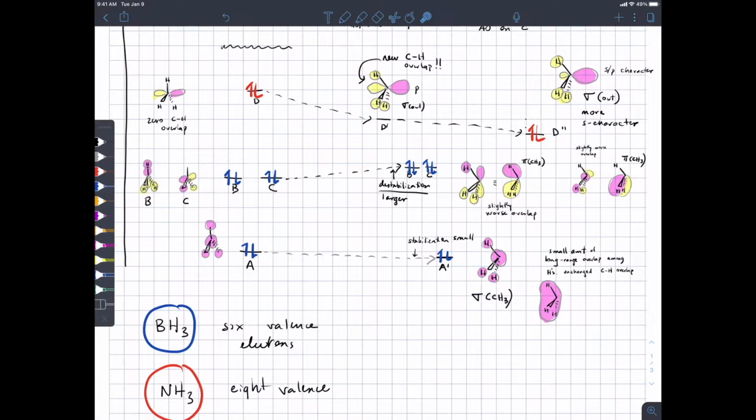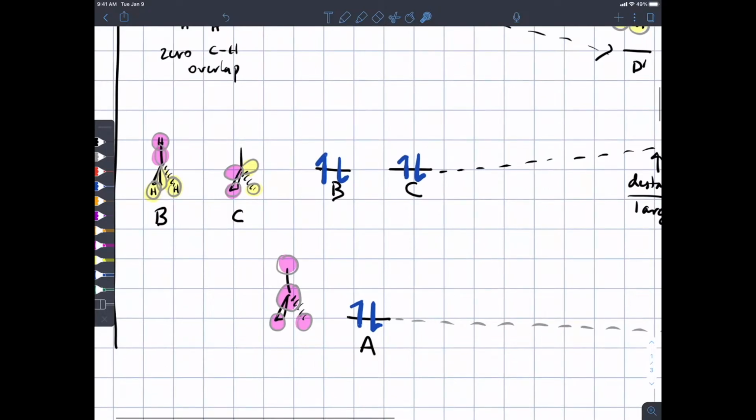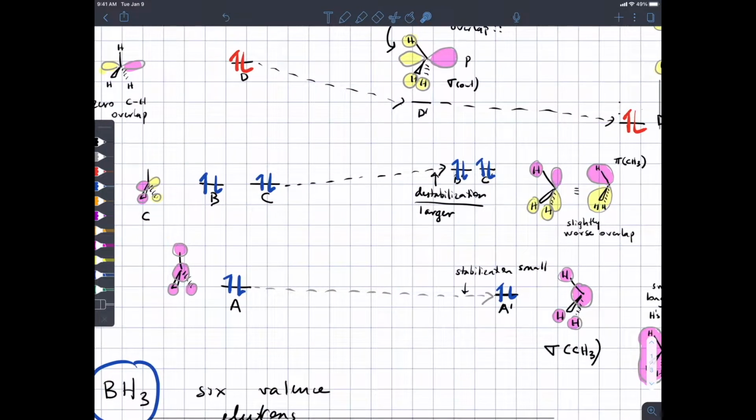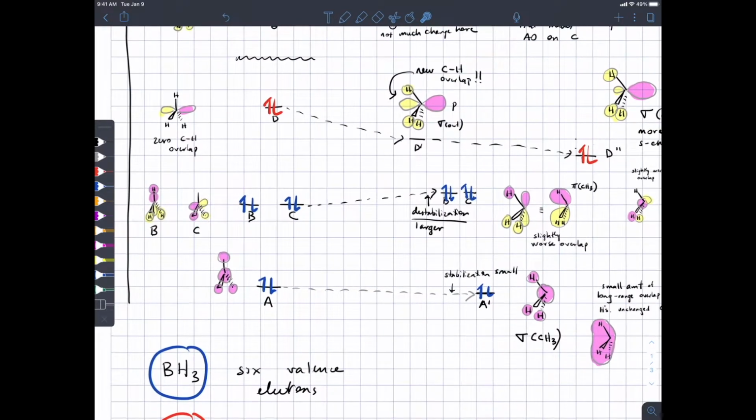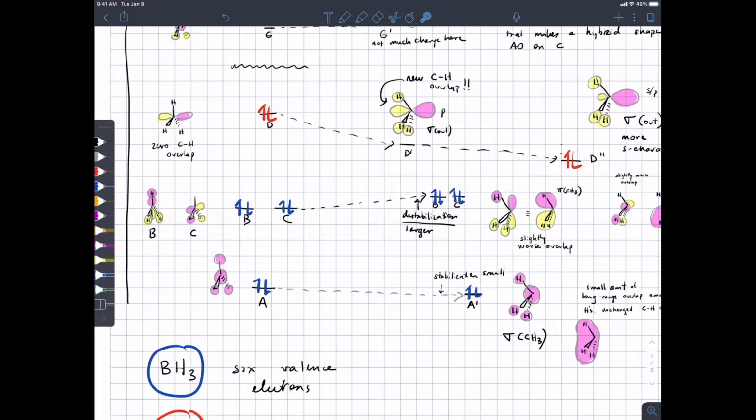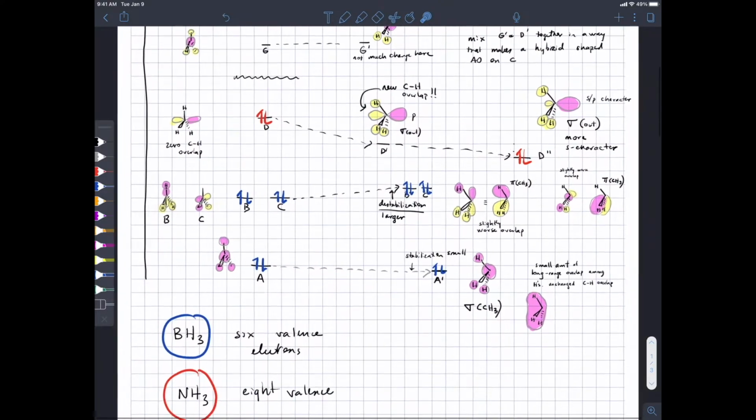So when we go from planar to pyramidal, we get slightly worse overlap between the p orbital on carbon and the s orbitals on hydrogen, and that increases our energy by a greater amount than the lowest sigma orbital is stabilized. So, all things being equal, BH3 is planar. That's exactly what valence bond theory and VSEPR give you.